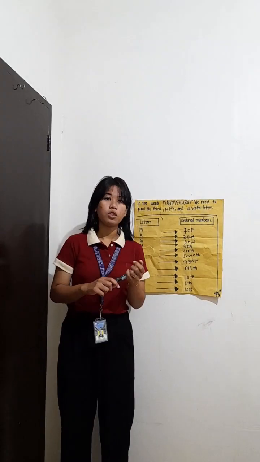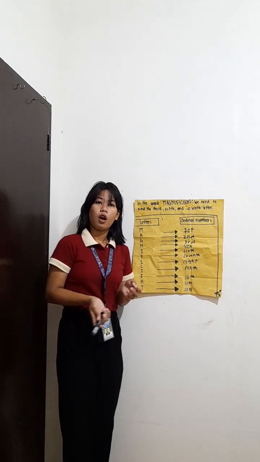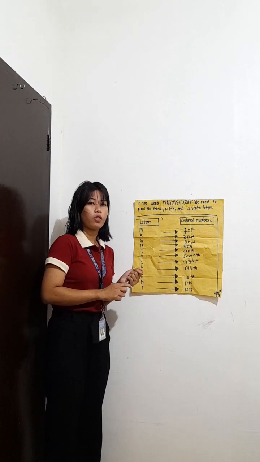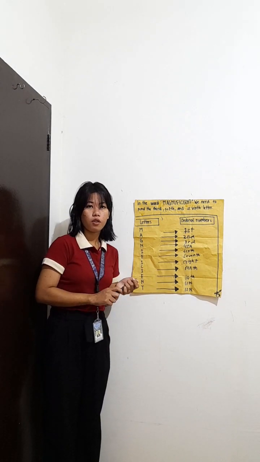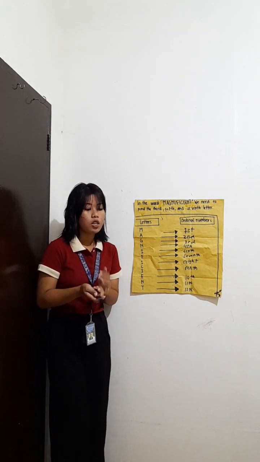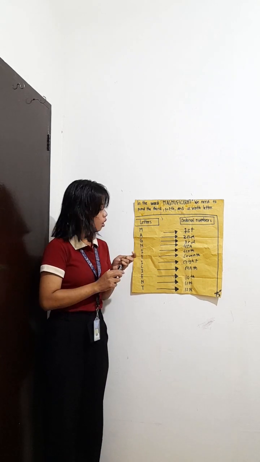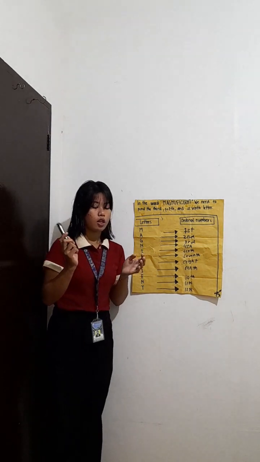So class, you can see in the table that in the word magnificent, the 3rd letter is G, the 5th letter is I, and the 7th letter is I.